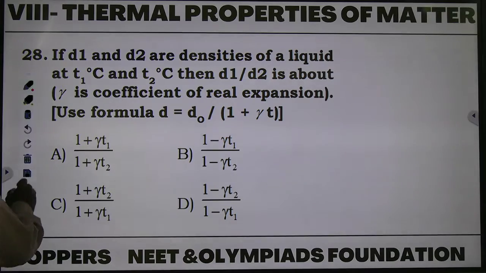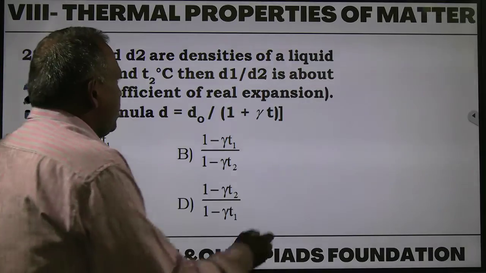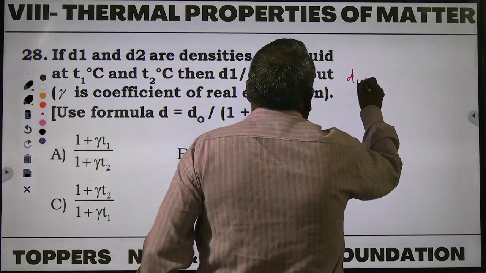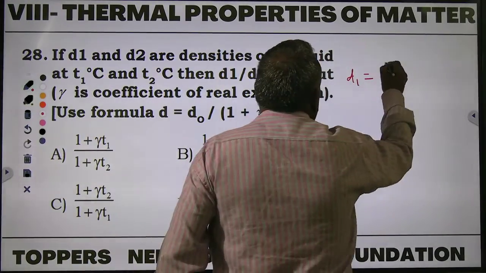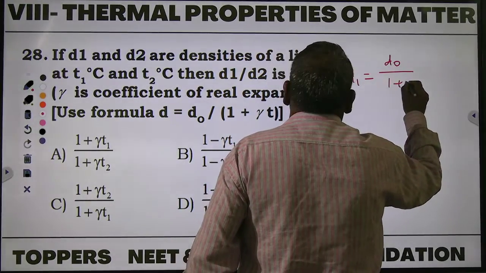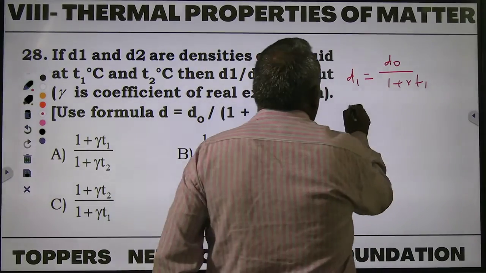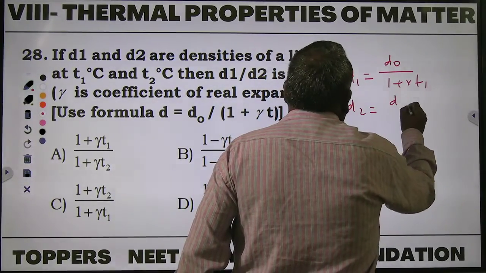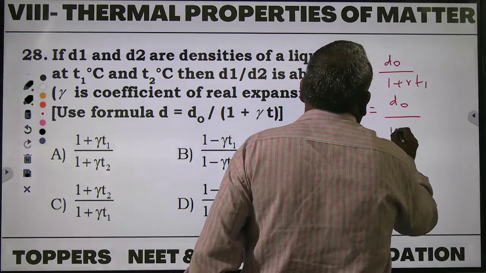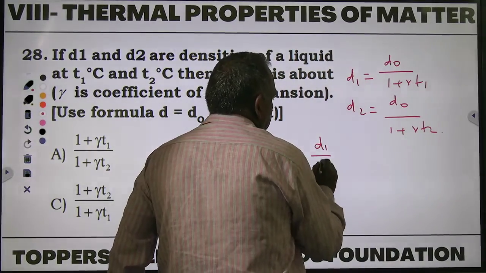See, if you apply that formula, d1 can be written as d1 is equal to d naught upon 1 plus gamma t1. And d2 is equal to d naught upon 1 plus gamma t2. So now the question is d1 upon d2.